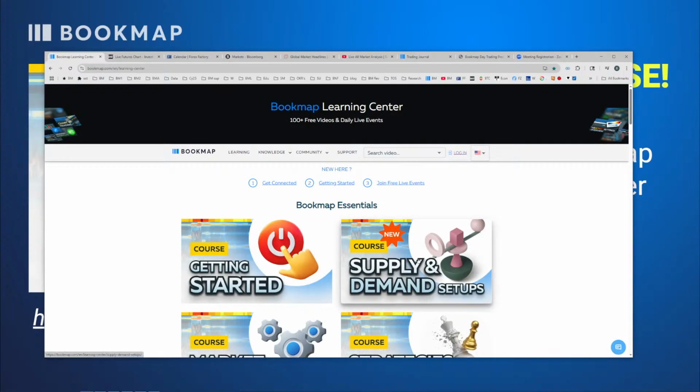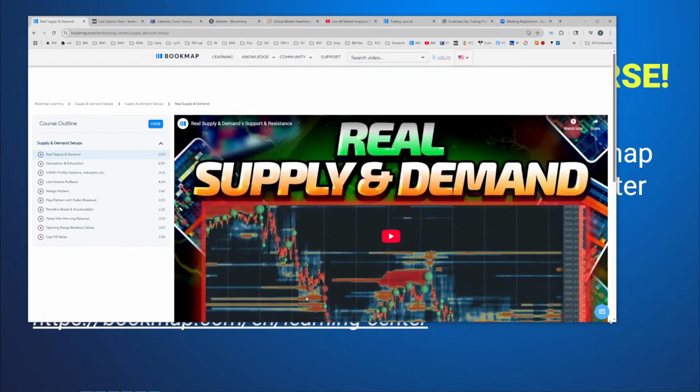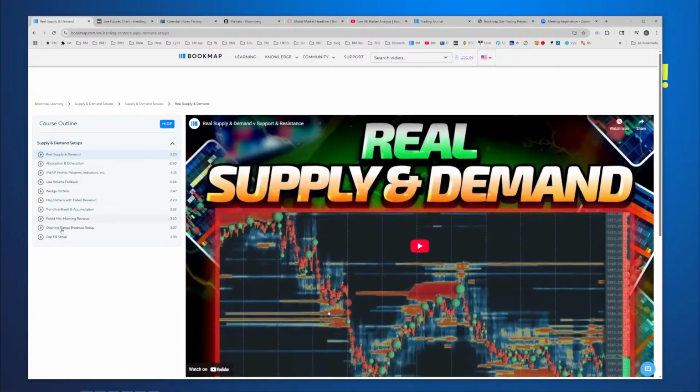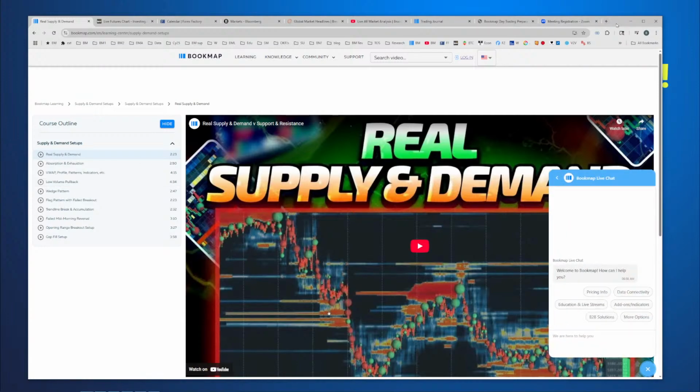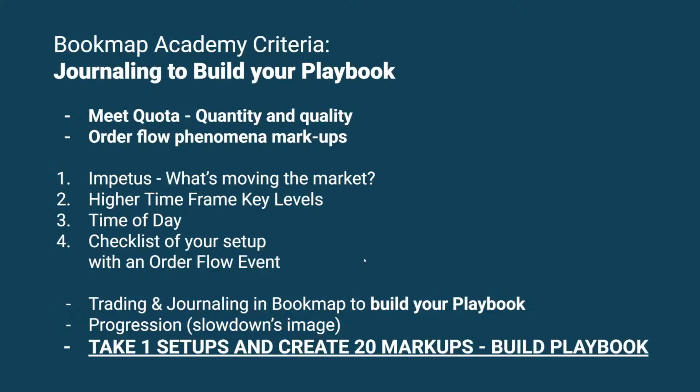I'm showing this because we've been going through these and we will continue to go through these setups during this webinar. There are many in here, 10 in total. We'll look at several today, and hopefully we'll get a nice move and we can scale into a position using the low volume pullback setup in here. One of my favorites. Anyway, that's the new course and the setups on the Learning Center.